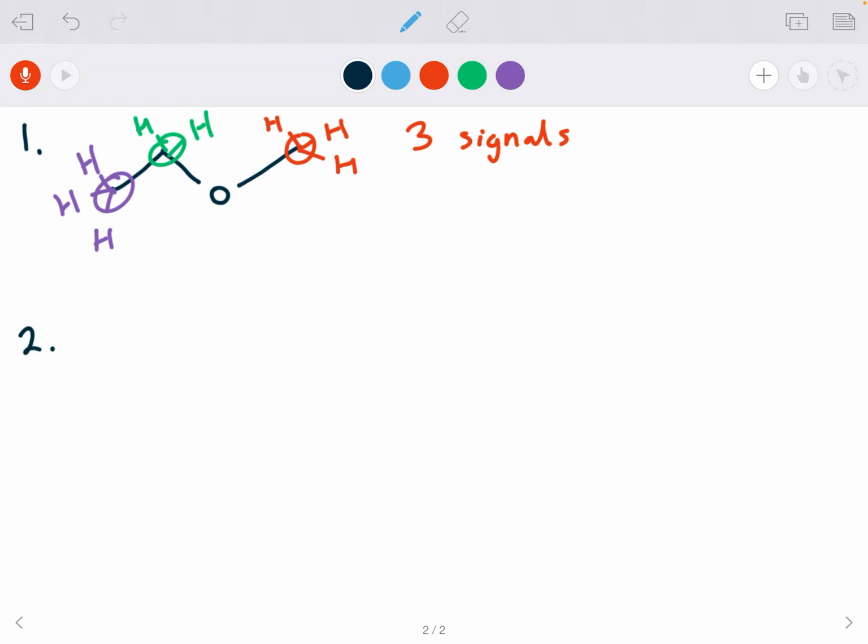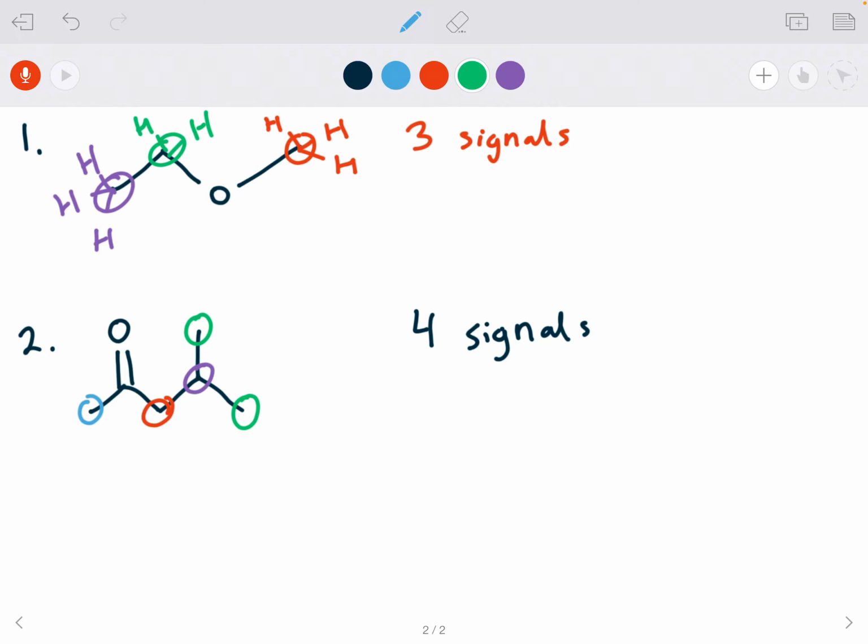Now, example 2. So this is our compound here. There are 4 signals in this compound. There's a little bit of symmetry here now. That is one signal. That's a second signal. Signal 3 right there.